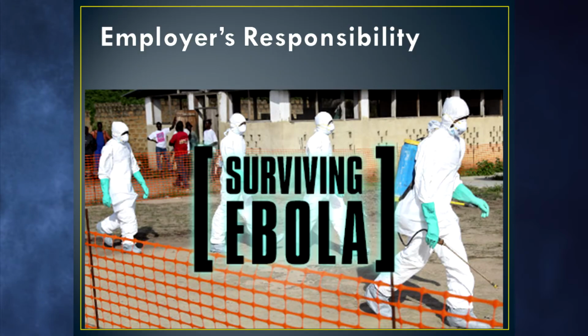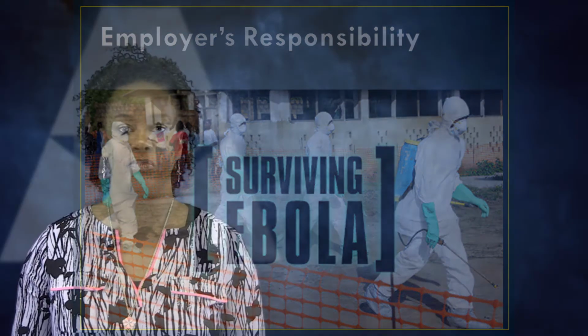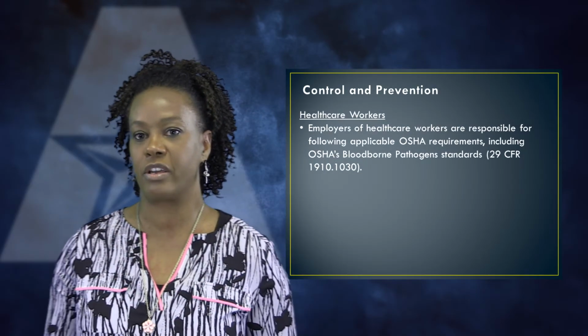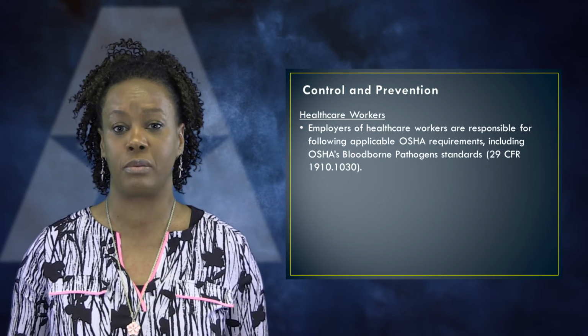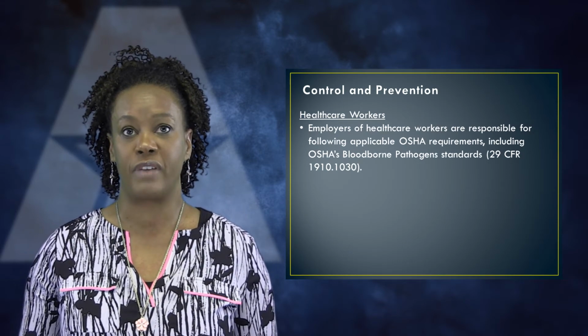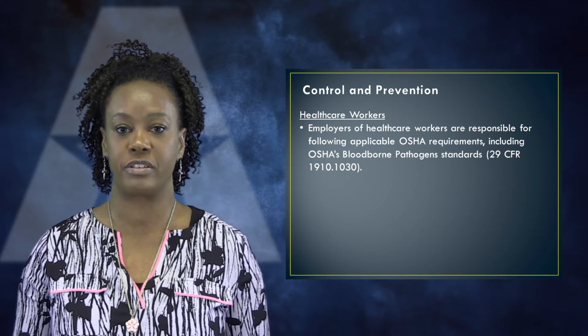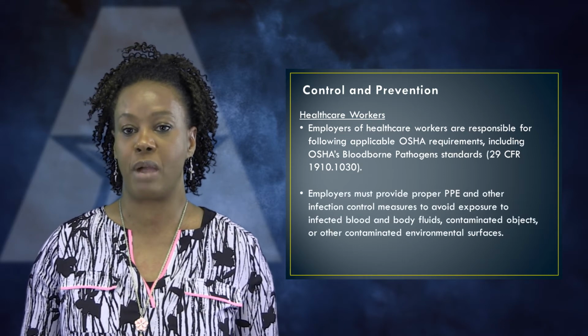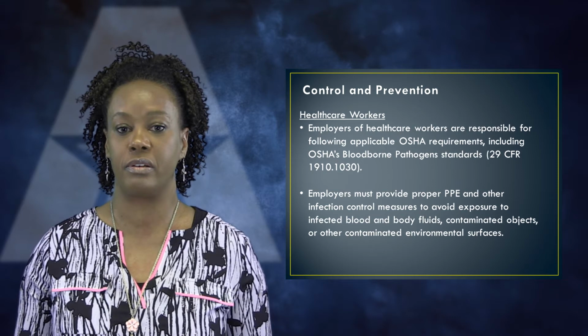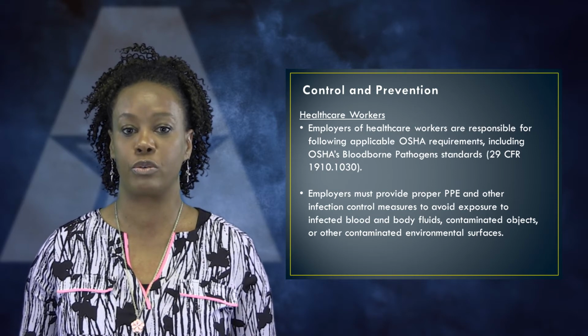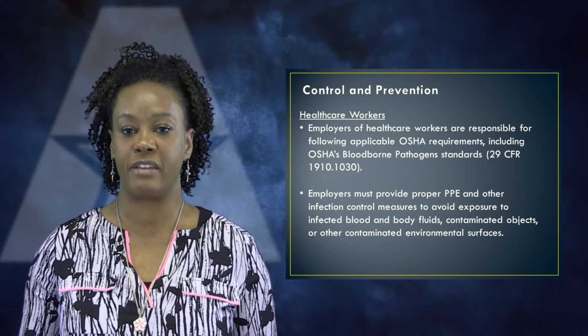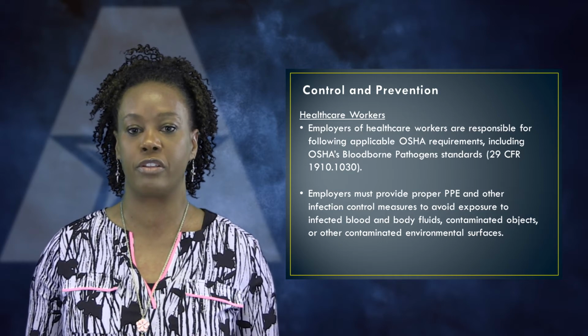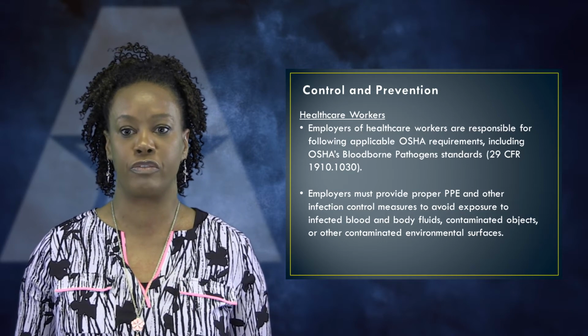So, the employer's responsibility for their employees to survive the Ebola virus. Some ideas would be control and prevention. Employers of healthcare workers are responsible for following the applicable OSHA requirements, which are found in the OSHA bloodborne pathogens standard. Employers must provide proper PPE and other infection control measures to avoid exposures to infectious blood and body fluids, contaminated objects, or other contaminated environmental surfaces.